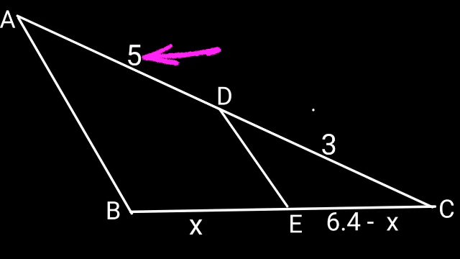Here AD is given 5, CD is given 3, and suppose BE is equal to X. Then total BC minus BE, that is EC, is equal to 6.4 minus X. We have to find the value of X, that is, the value of segment BE.